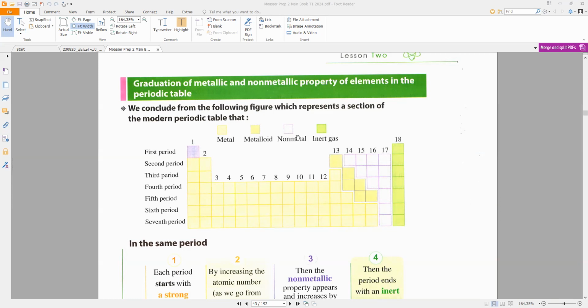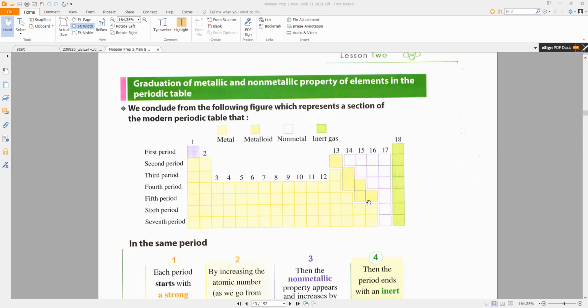But the non-metal doesn't have luster, doesn't shine, can't be malleable, and can be broken easily. Non-metals are solid or liquid or gases, so they have different properties. And also inert gas doesn't share in any chemical reaction, so this is the group different from all metals or non-metals.